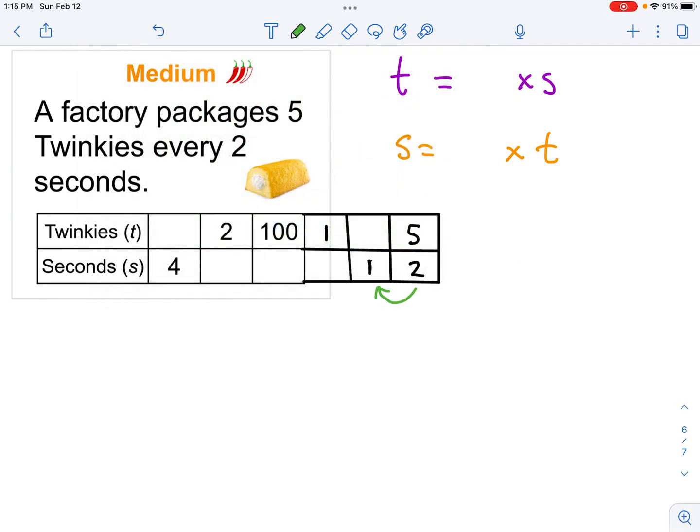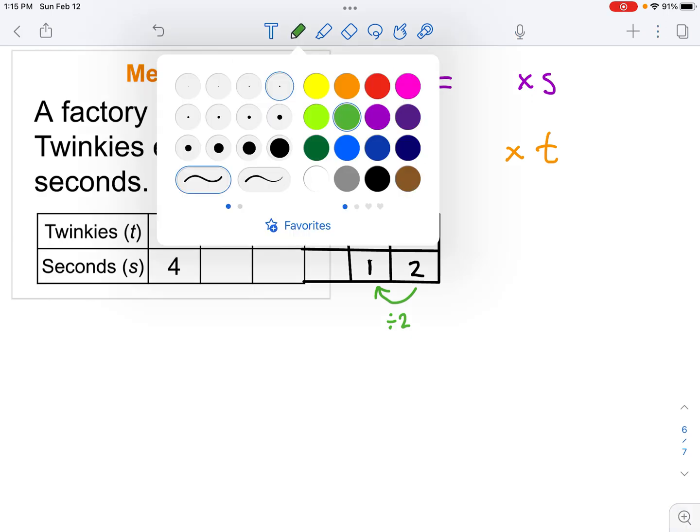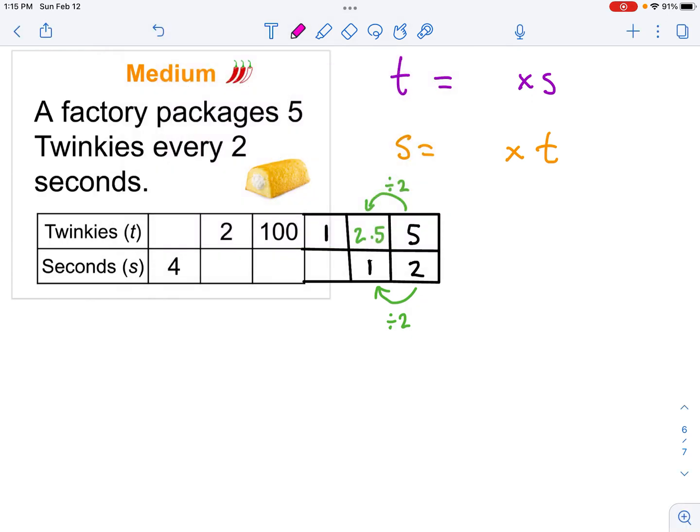To get from 2 to 1, I can divide by 2, so I have to divide 5 by 2. 5 divided by 2 is 2.5. So I know that in 1 second, I can package 2.5 Twinkies. And the other one, to get from 5 to 1, I divide by 5.